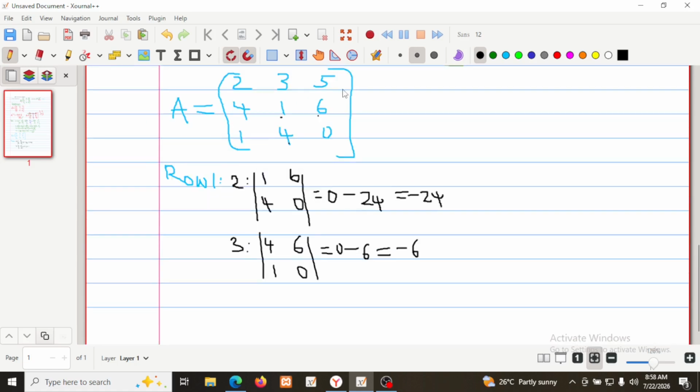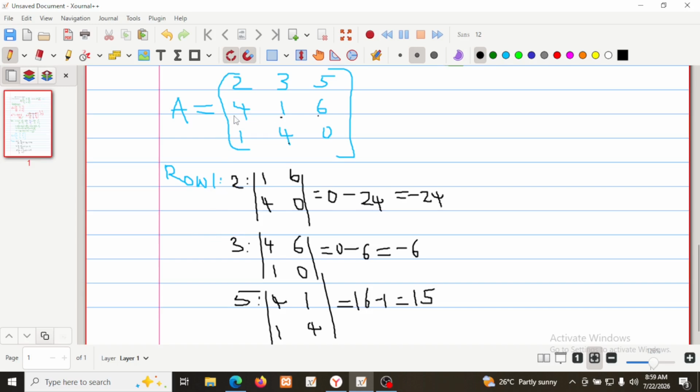Then we proceed to 5. Block this row and column, we have 4, 1, 1, 4. So for 5, we have 4, 1, 1, 4, which will give you 4 times 4 is 16, minus 1, which is 15. So we are done with the first row.